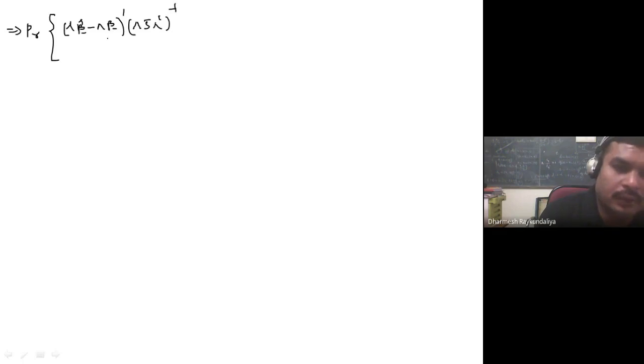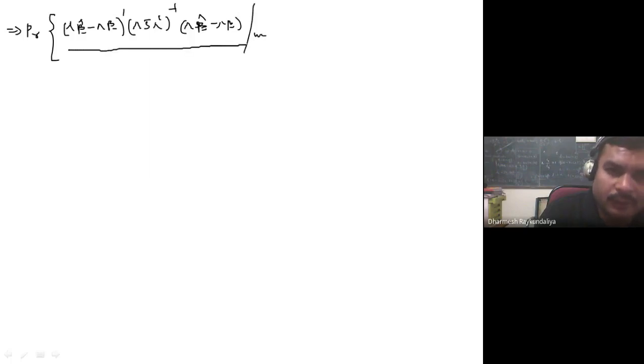You can also write the D, but under H naught lambda beta equal to D. So I can write it this way: lambda beta cap minus lambda beta upon M divided by SSE upon N minus R, less than or equal to F 1 minus alpha, M, N minus R.